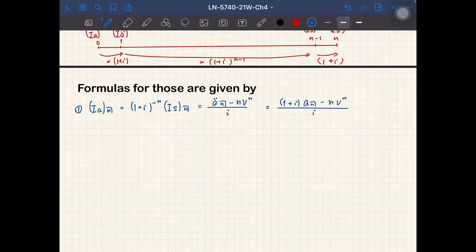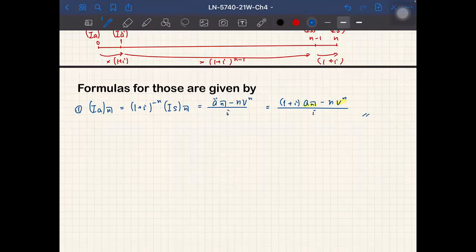The calculator BA II Plus is convenient to calculate a‾n, but not necessarily ä‾n, so it's good to express all formulas without double dots. You can see this has a slightly more complicated shape than (Is)‾n, because we have this v to the power n. Originally it has just negative n, but this becomes negative n times v to the nth power.